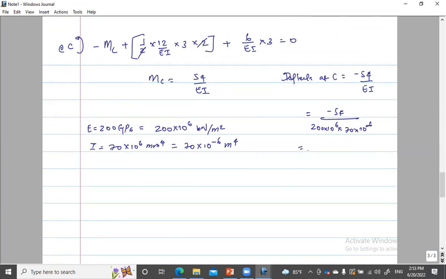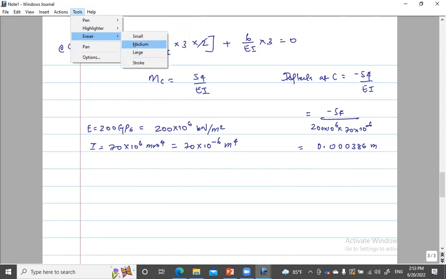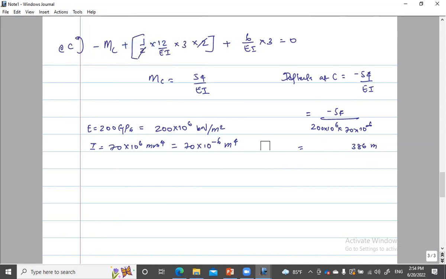So it is 0.00386 meter, that is 3.86 millimeter downward. The deflection is downward.